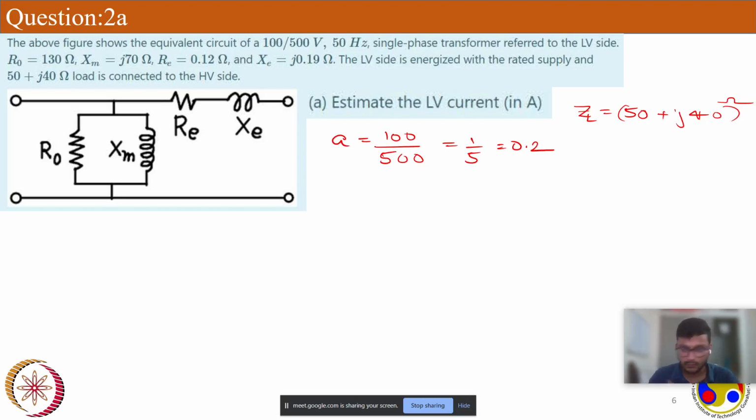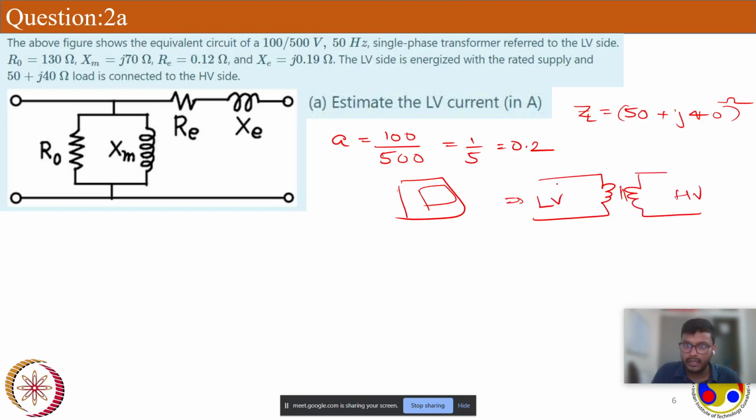Or else, let's say there is this transformer, and let's say this is LV and this is HV, and here we have some resistance and impedance components. Here we have another resistance and impedance components. Now we wish to eliminate this particular turns in between so that it will be a single circuit, right?